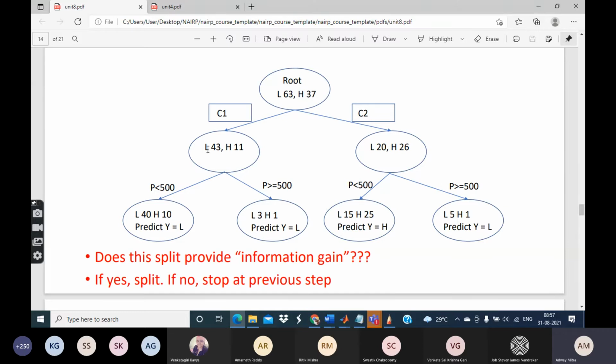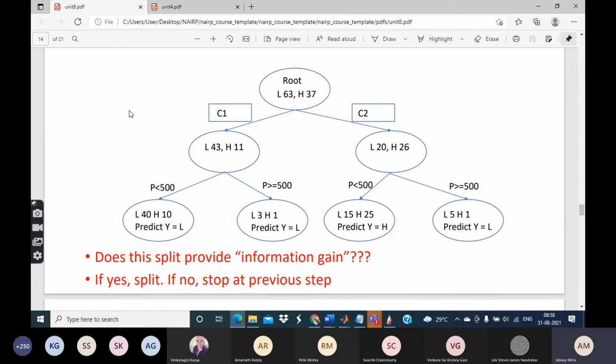If we consider all the examples here, this company feature has gone away because all the examples lying here have the same company C1. So the company feature is no longer relevant, but there are still more features to consider.